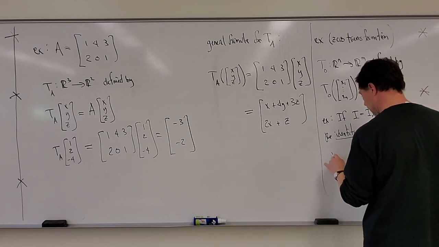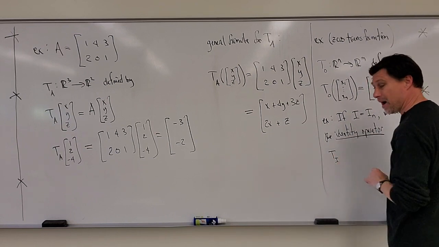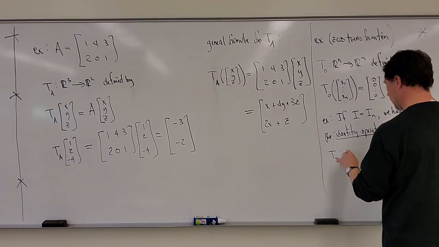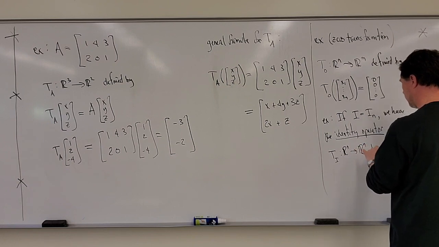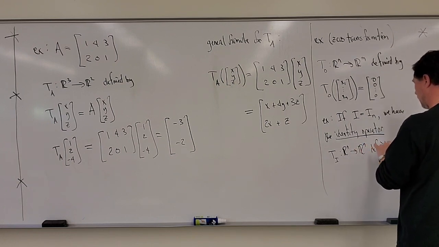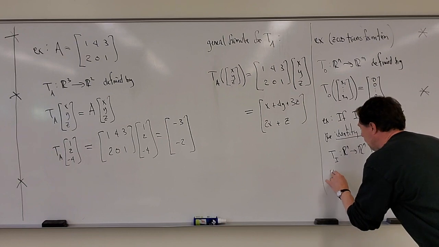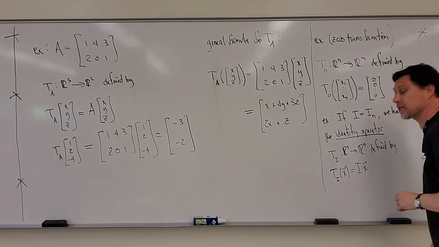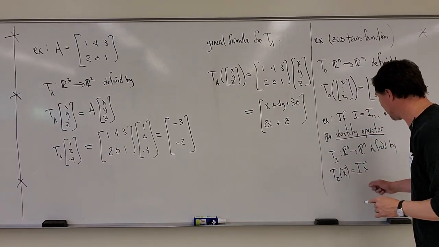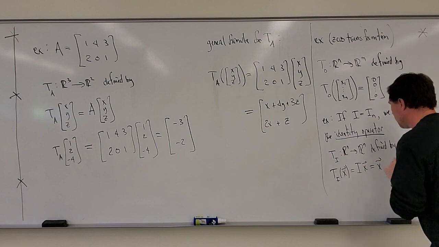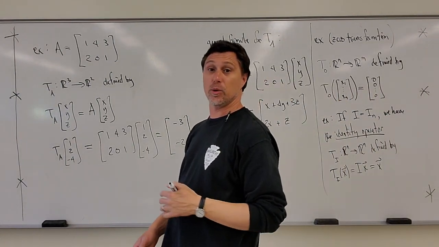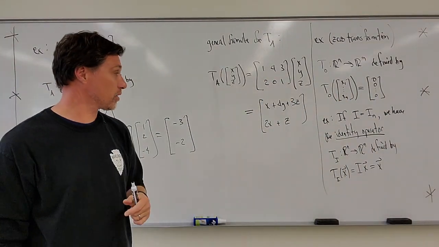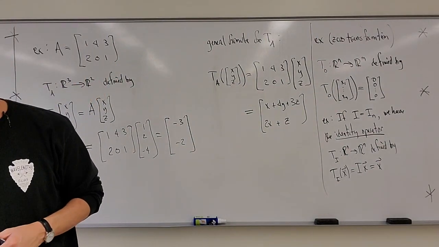This would be T sub I going from Rn to Rn, defined by the obvious thing here: T sub I of x equals I times x. Well, when you do the identity matrix times a vector x, you get x. So the input is x, the output is also x. That's called the identity operator.